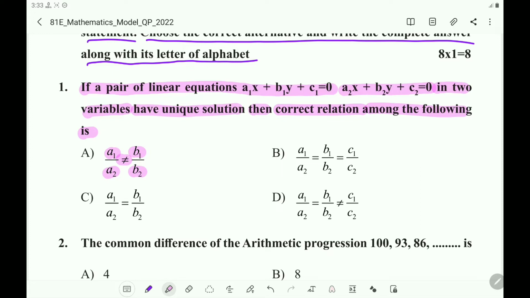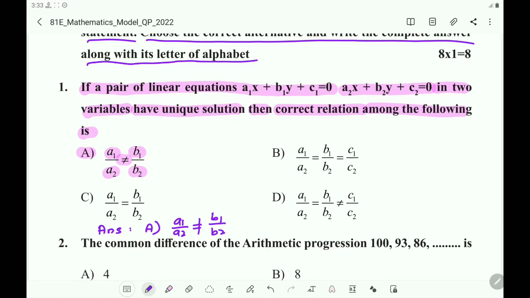So, what is the answer here? Option A is the answer. Here, don't write the answer on the question paper. Write the answer in the answer booklet only. So, the first answer is option A. What is that? a1/a2 is not equal to b1/b2.